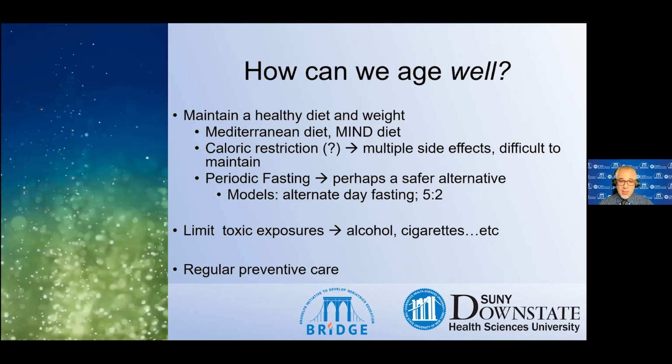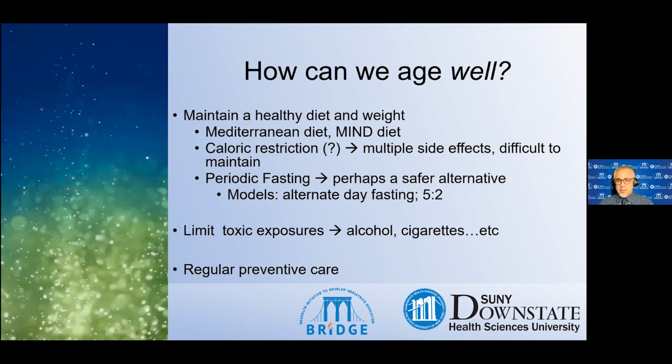Some people have studied and found positive benefit to various caloric restriction paradigms. People really have a hard time tolerating caloric restriction, so people don't maintain it long enough to obtain the benefits of that model. But periodic fasting is much easier to maintain, including alternate day fasting, which is probably also safer and still has aging benefits.